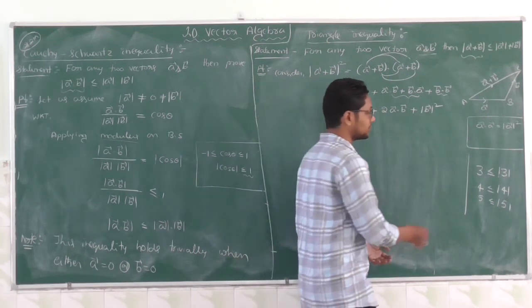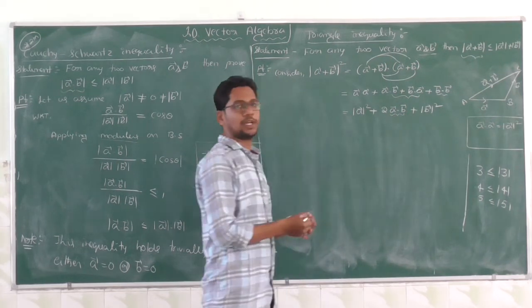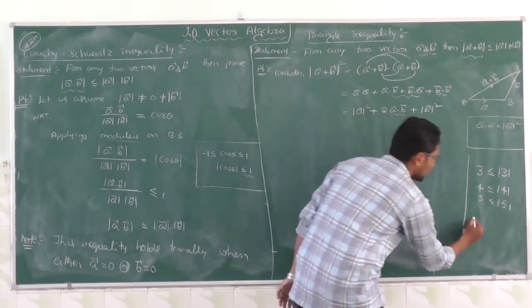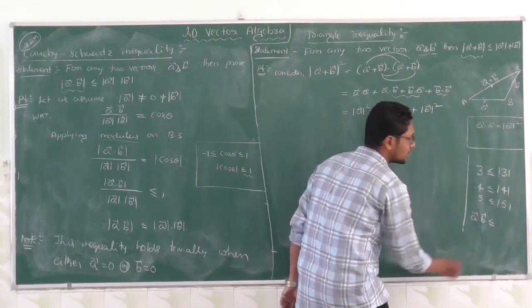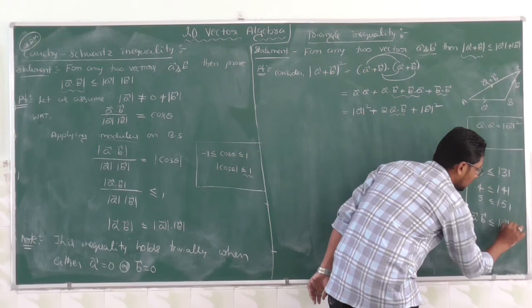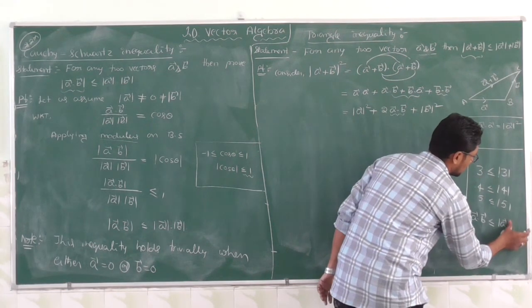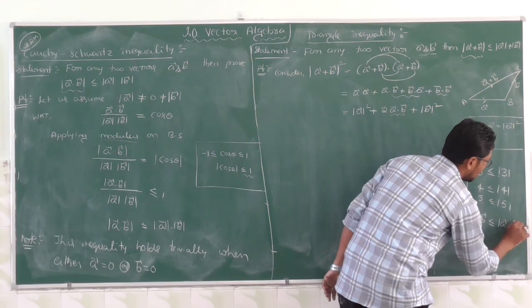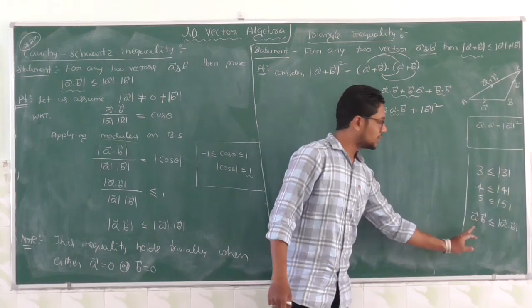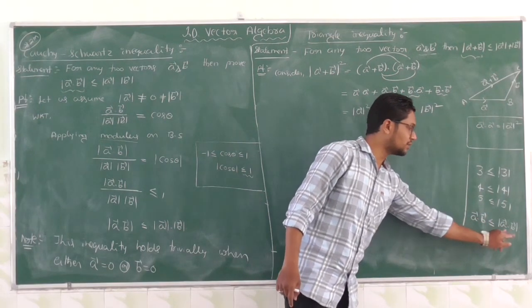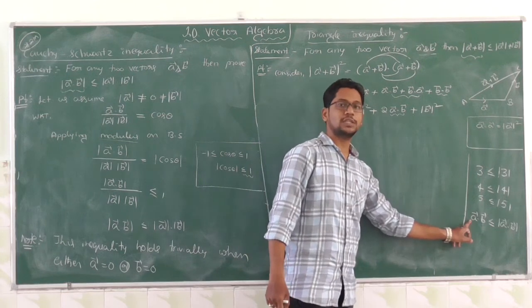Similarly, here we have A dot B. We can say that A dot B is less than or equal to modulus of A dot B. Can we write this like this?